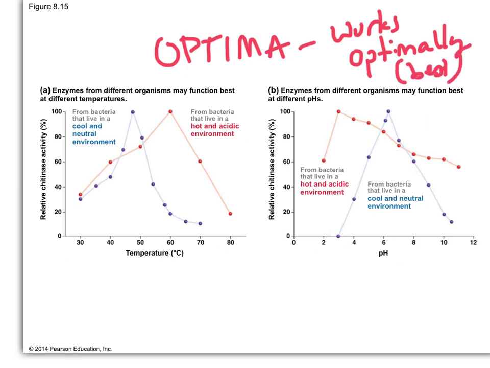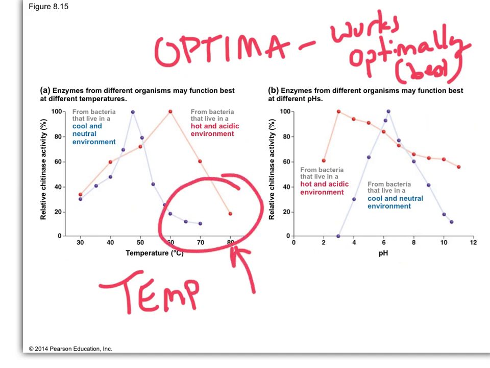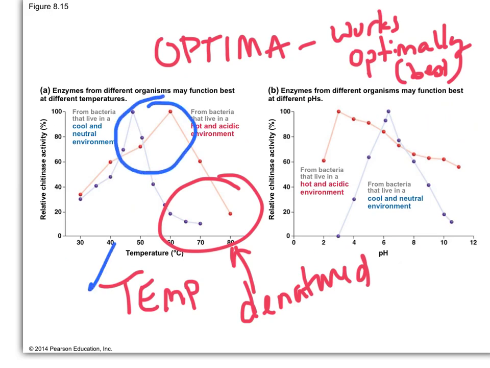And so in this image, what you can see on the left, we're looking at temperatures. And at really high temperatures, what happens to proteins? They get denatured. So there's some place where you're going to be good, you're increasing temperature, and up here, this is a good temperature.